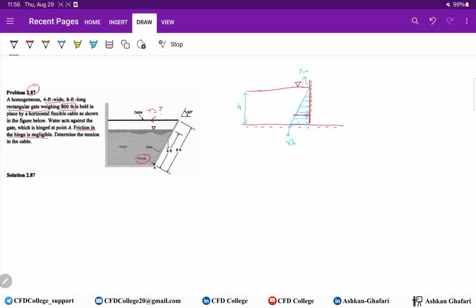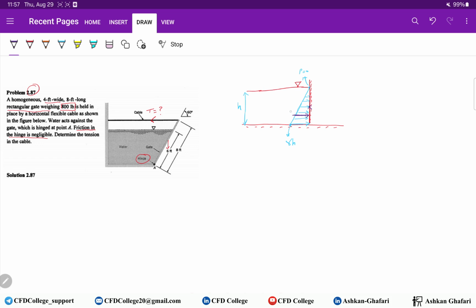Because of this pressure we will have a force, and since pressure has a linear profile, this force acts not at the middle but a bit lower than the middle of the gate. So the acting point is somewhere here.